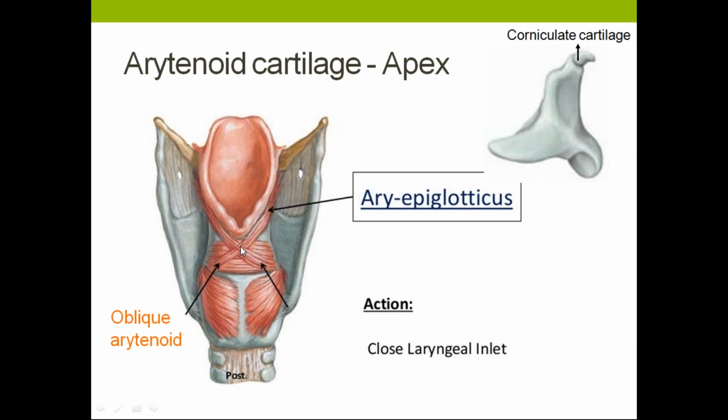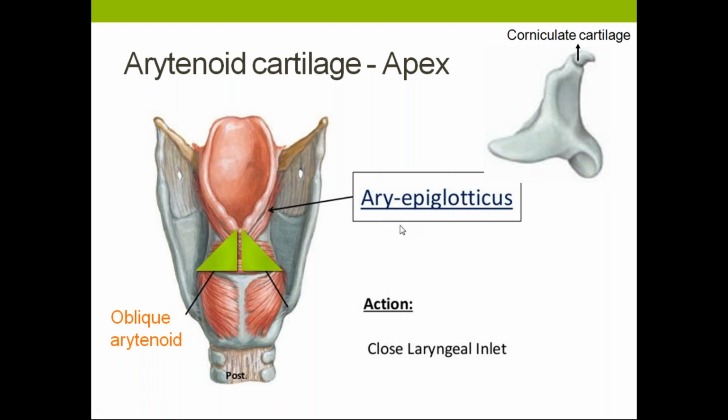It starts at the apex of the arytenoid and ends in the muscular process of the arytenoid itself. The upward continuation of the oblique arytenoid is called the aryepiglotticus. It starts from the apex of the arytenoid cartilage and is attached to the lateral margin of the epiglottis. So the two muscles attached to the apex are the oblique arytenoid and the aryepiglotticus.